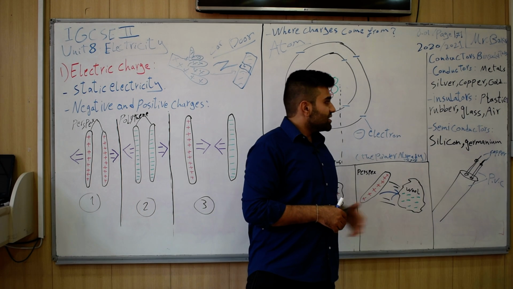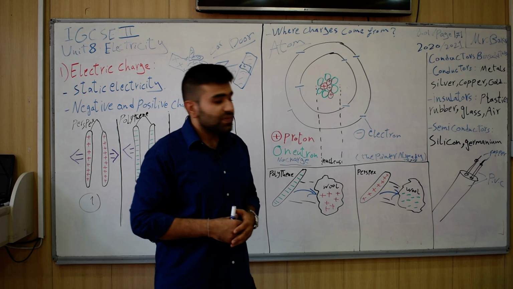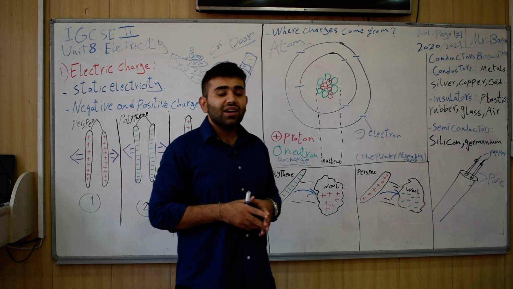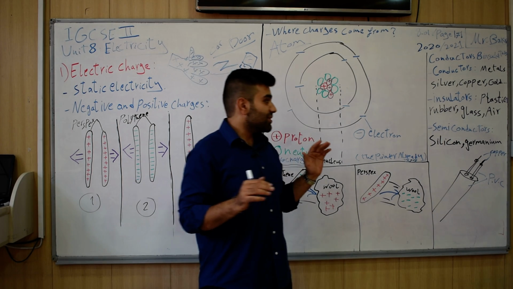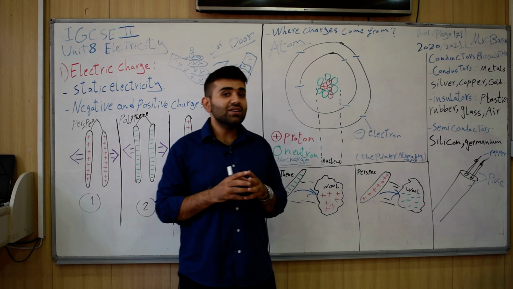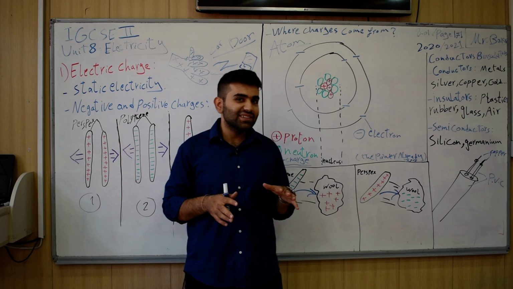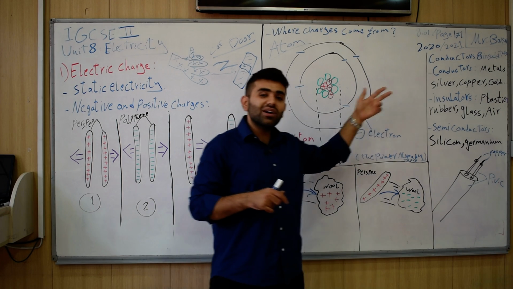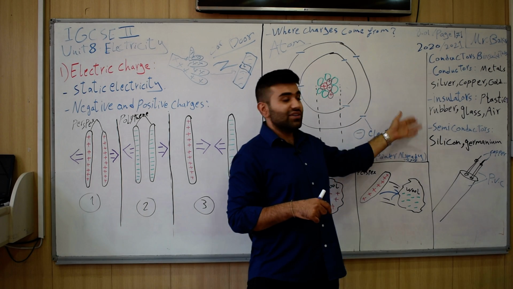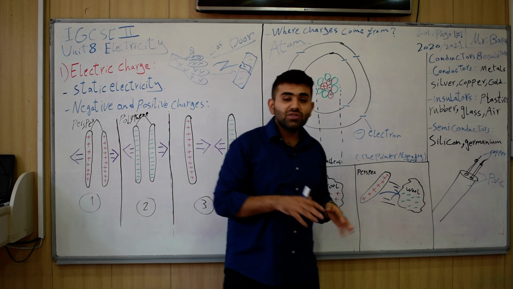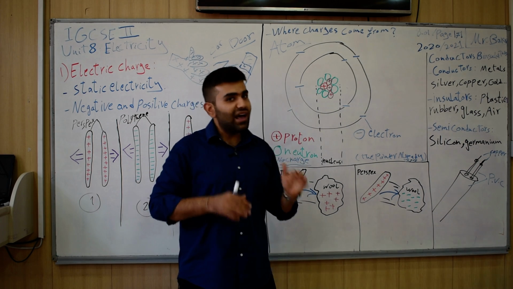The last part is semiconductors. Semiconductors are very interesting because when they are cold, they are very bad conductors, but when they are warm, they are good conductors. So a semiconductor, let's say, is half and half.